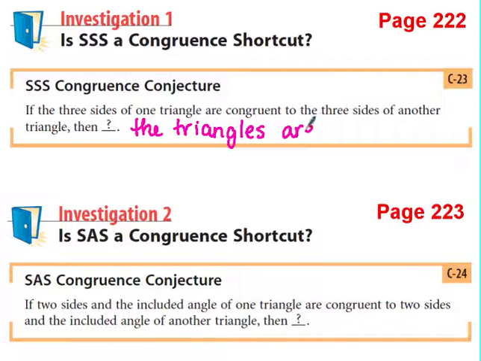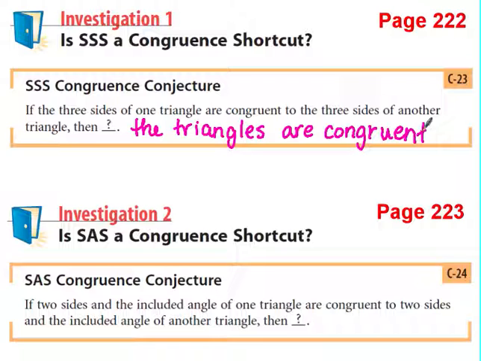Now, what I need you to do is go to page 223. On that same sheet of paper, I want you to complete this investigation. On page 223, you are going to compare two sides and the included angle of one triangle to two sides and the included angle of another triangle.